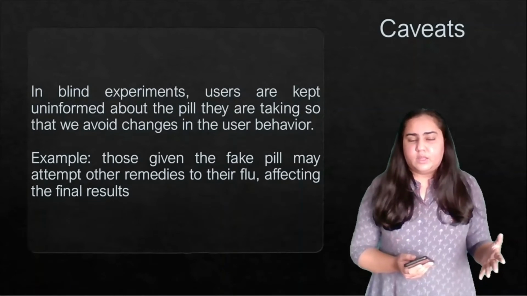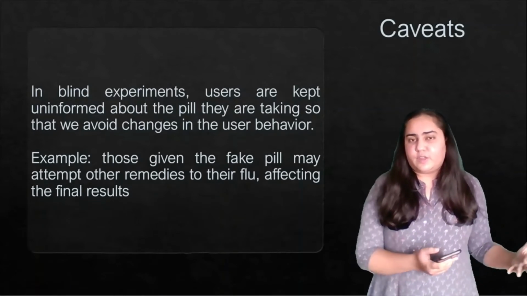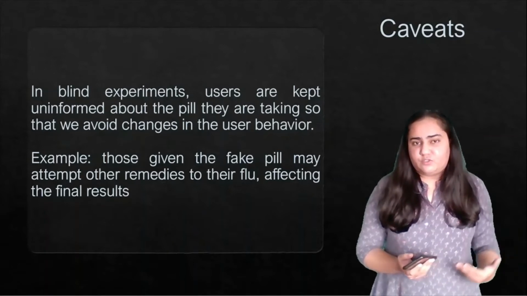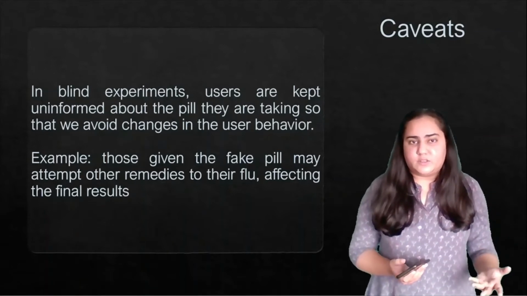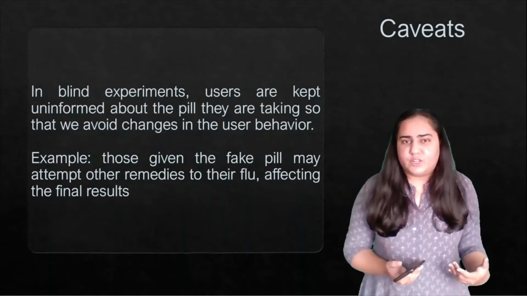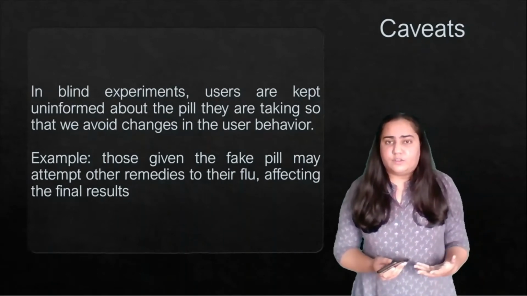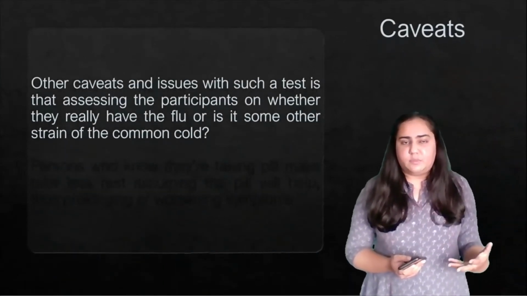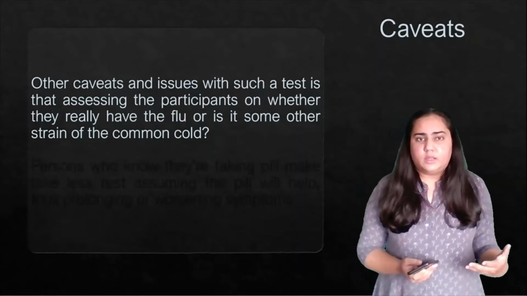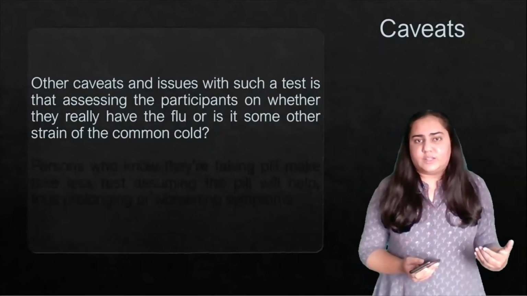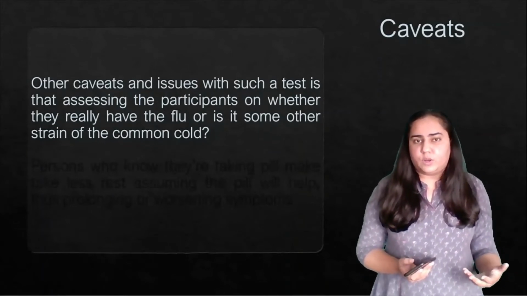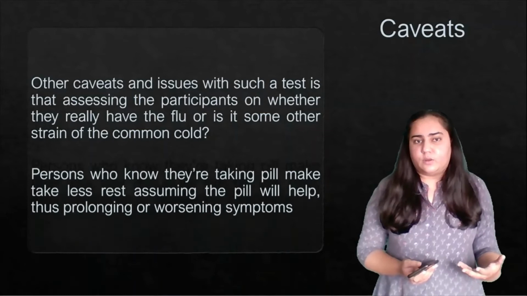For example, if somebody is given a fake pill and they are already told that it's a fake pill, then they might try to attempt other remedies for their flu, right? They might try to take some other medicine, and that could affect your final results. If the users are already told that it's a fake medicine, then issues could be caused in the test when assessing the participants on whether or not they really have the flu or it is some other strain of the common cold.